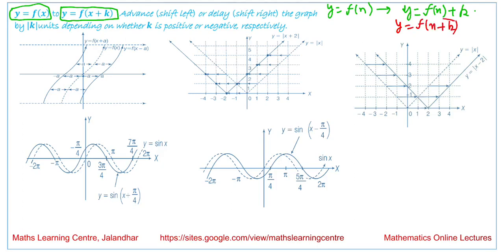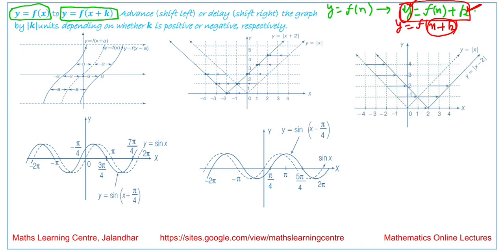Now this k is being added to the elements of the domain. In the previous case, the value of k was being added to the values of y, so we shifted the graph upward or downward, that is, in the direction of y.